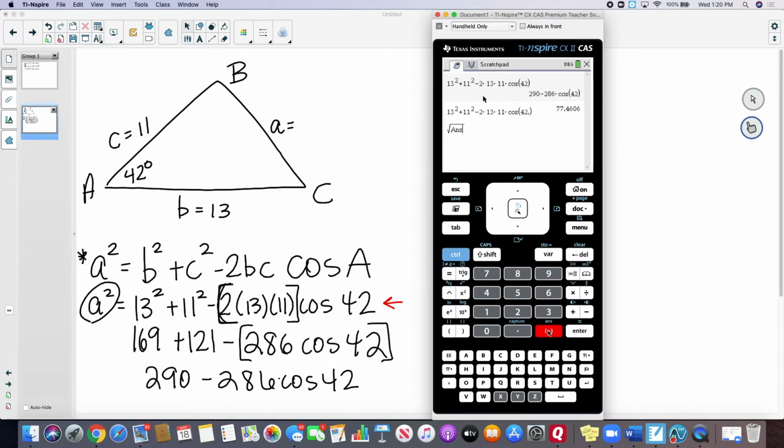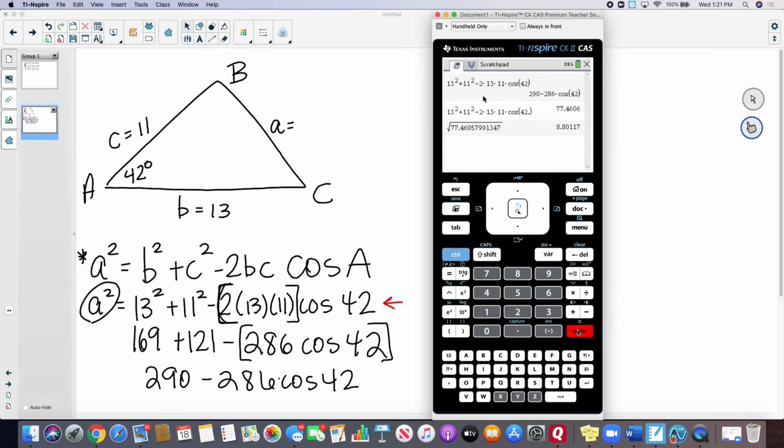That's going to take the answer that it just gave you, the 77.4606, and insert it underneath the radical. And it's going to do that before it is rounded. So please do it this way or your numbers are going to be off from mine. Okay? So you should have gotten 8.80 centimeters.